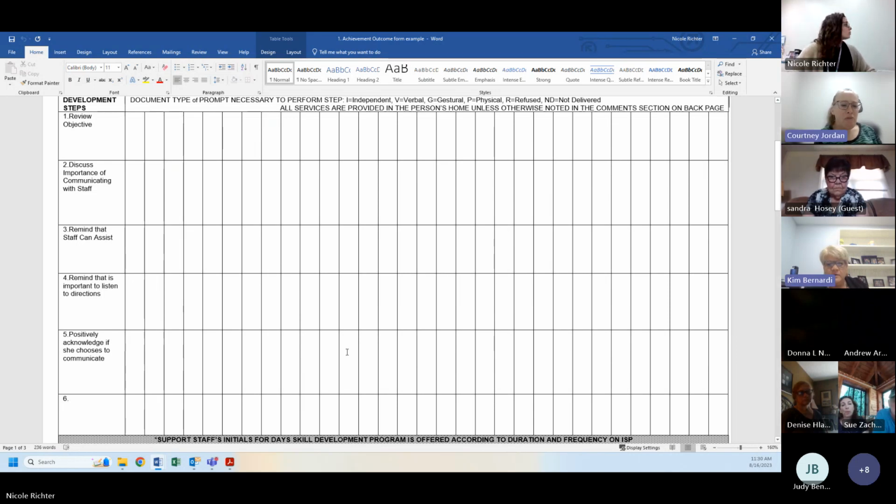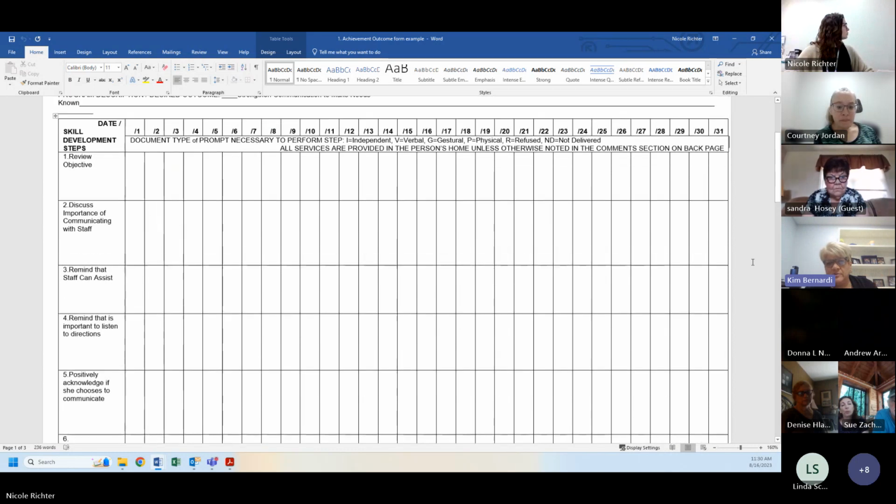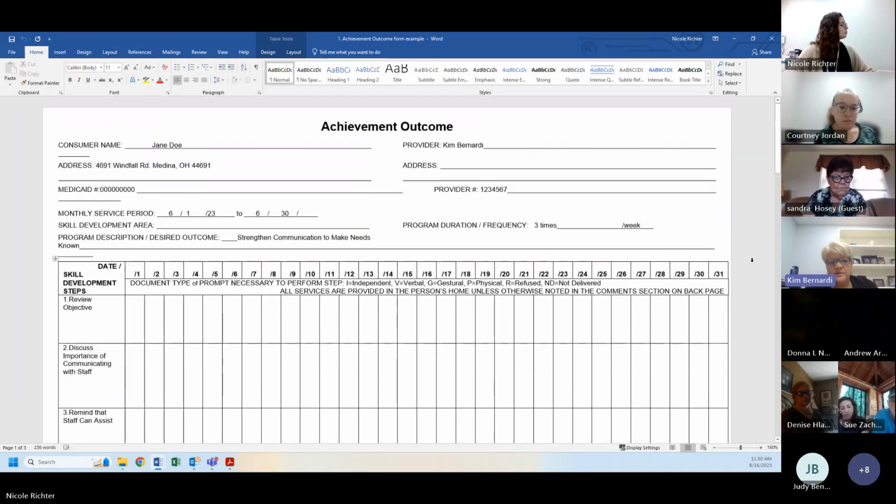And if you have more than one achievement outcome, you're going to need more than one sheet. Correct, they're all on separate pages. That's in your outcome and experiences category page in the ISP. You may not have one, so you don't have to worry about this form. Okay.